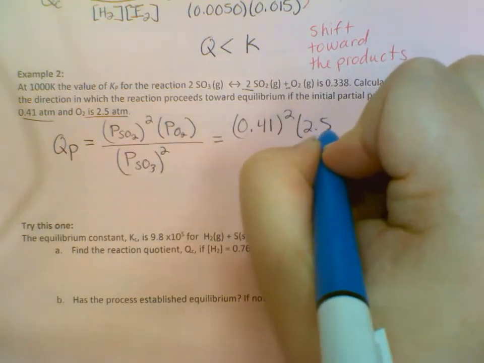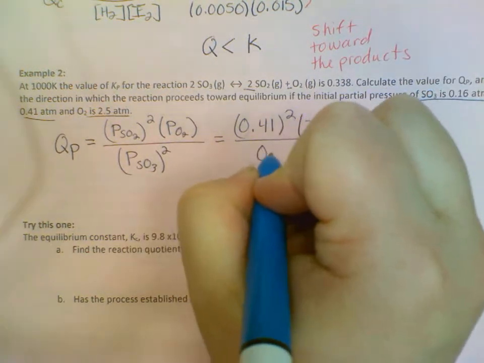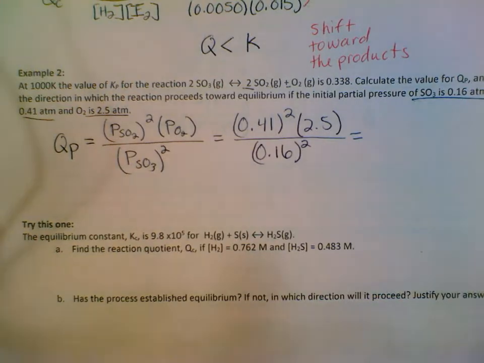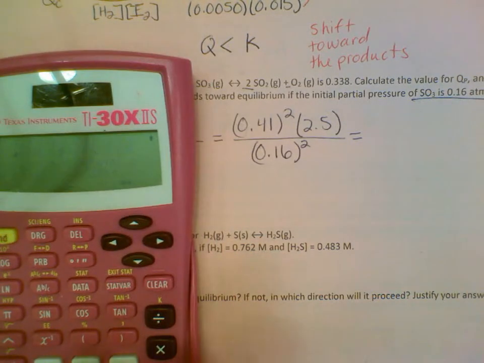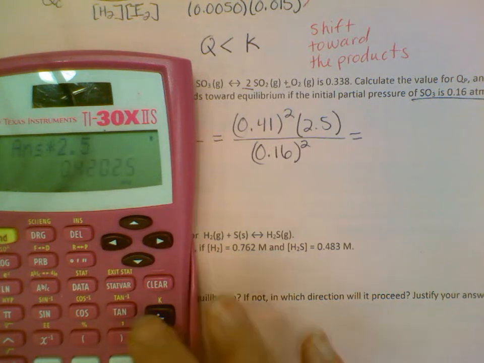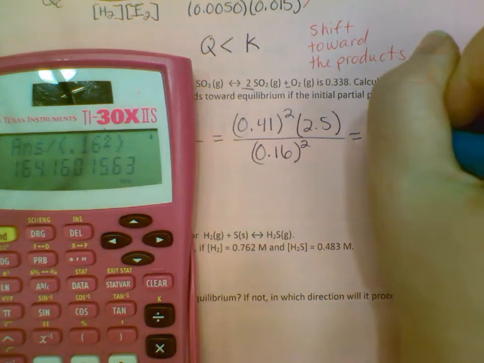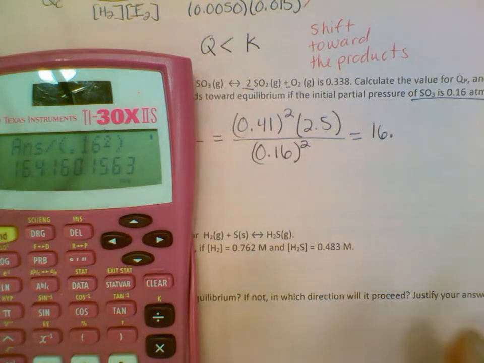Oxygen is 2.5 atmospheres. Pressure of SO3 is 0.16 atmospheres squared. All right, so we calculate 0.41 squared times 2.5 divided by 0.16 squared. I get 16. We only got 2 sig figs, so 16.